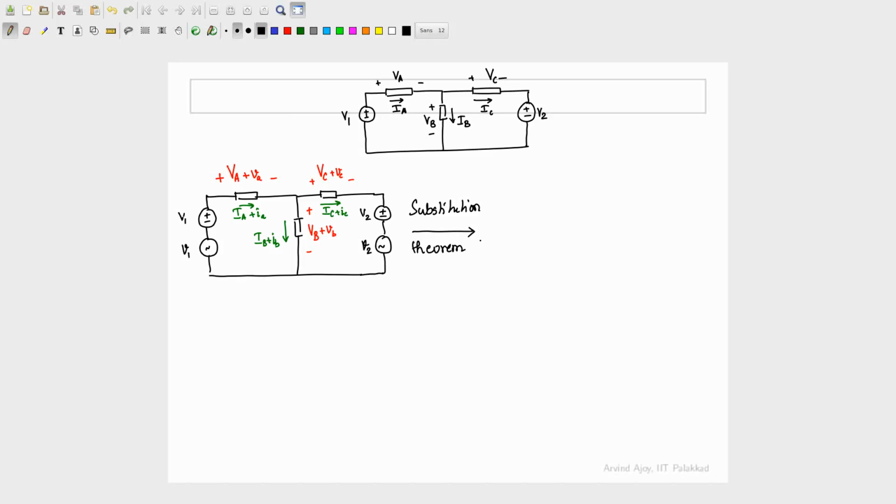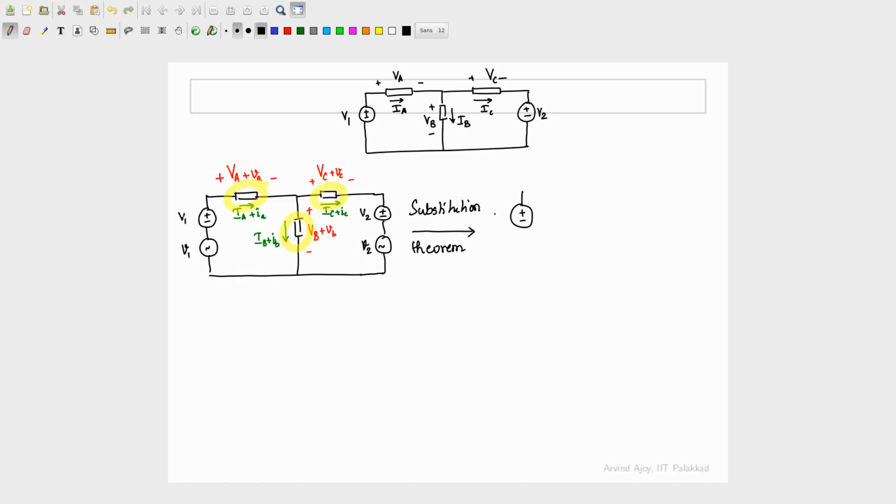So the first thing I am going to do is something that we have all done before, which is apply the substitution theorem. What does the substitution theorem say? Any element across which there is a voltage drop of Vx and current through it is Ix can be replaced with a voltage source of Vx or a current source of Ix, right?